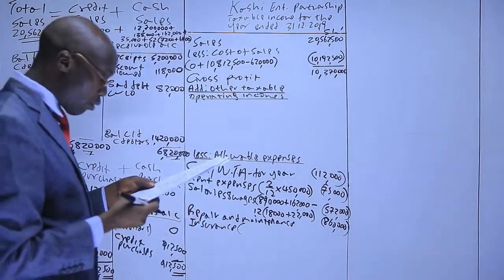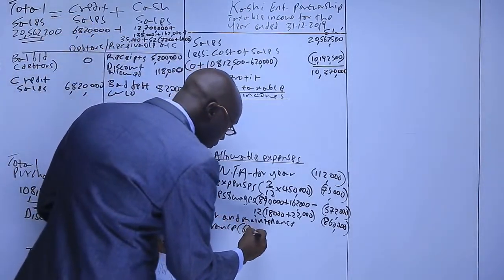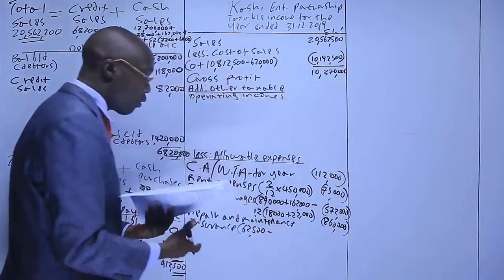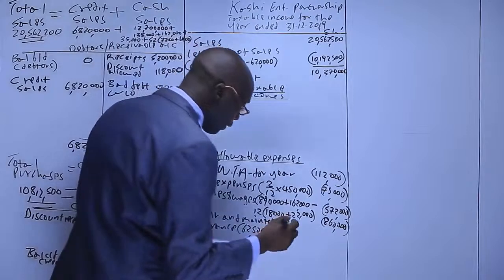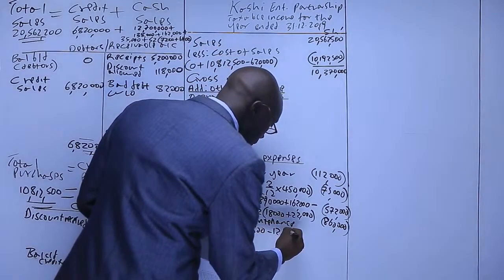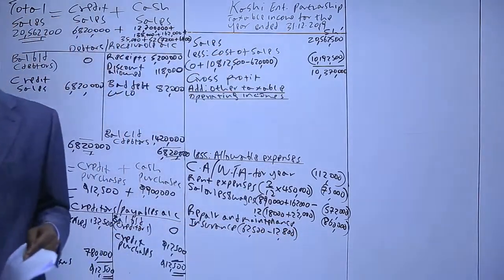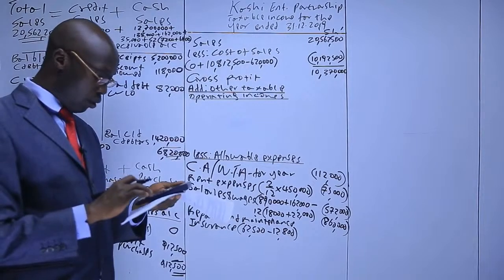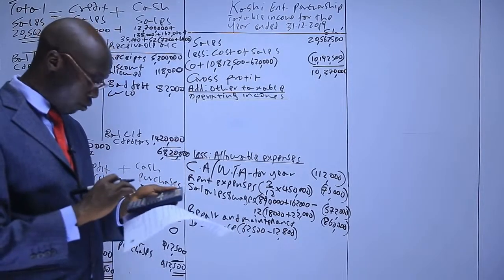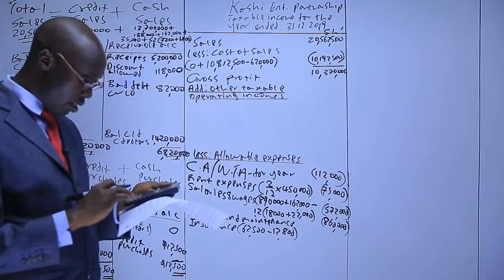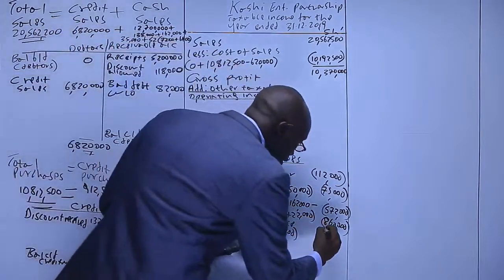So we are going to take the insurance of 62,500, and then we minus the prepayment, which we have, 12,800. That gives us 49,700.